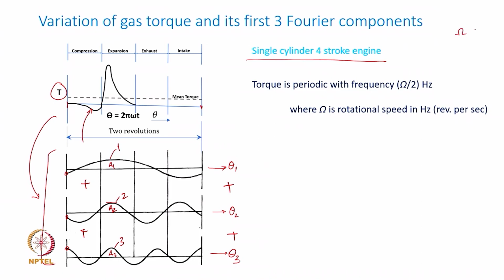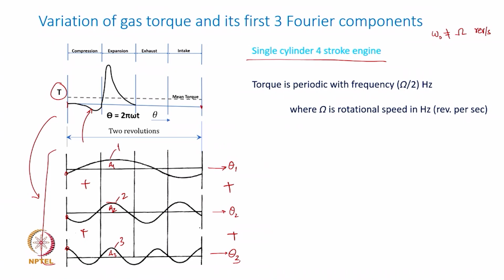So, if rho is revolutions per second, then the fundamental frequency omega naught is not going to be rho. Why? Because the entire cycle is not finishing in one revolution, it is finishing in 2 revolutions. So, we expect that the repetition frequency is going to be half of the frequency of rotation.